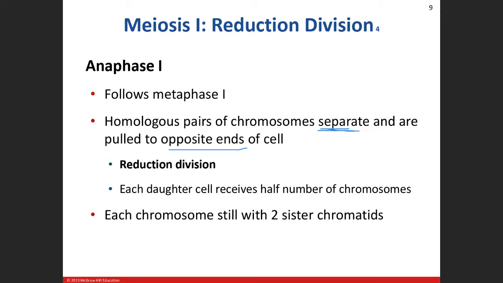That's hence what we call reduction division here, because what we've done now is we have reduced the number of chromosomes by half. Now, we're not going from 46 to 23. That doesn't happen yet. But here's the cellular equator, and on one side of the equator, we have a chromosome.